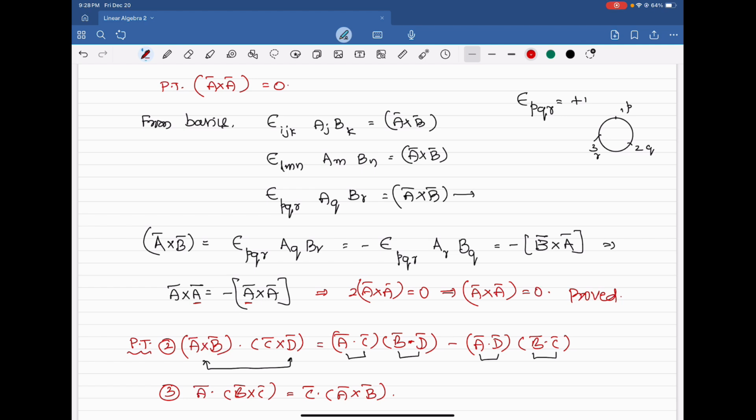I had already given some 9 lectures on linear algebra. Please refer to them. Very simple tricks I have provided, and I have given some 5 lectures on integral calculus, including Leibniz theorem recently, and this is about the Levi-Civita symbol and Kronecker delta for vectors.